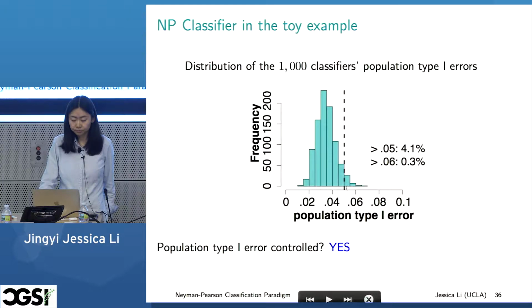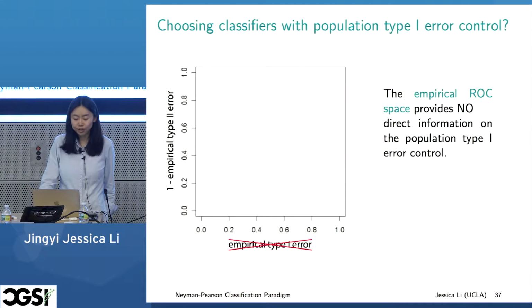So just following this result, we said the ROC space does not serve the purpose of comparing population type-1 errors. Then should we provide a new graphical tool for evaluating NP classifiers? And we did.